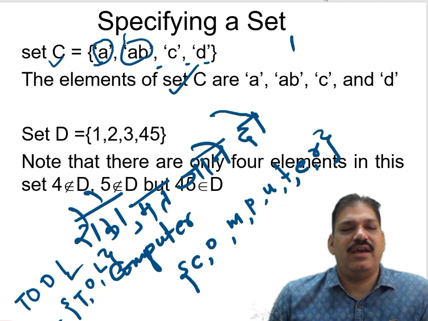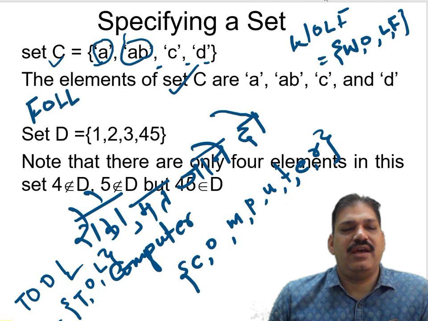Similarly, if I take wolf, W-O-L-F, the set of letters used in this word is W, O, L, F. Okay. If I take the word follow, F-O-L-L-O-W, we will get the same set that we got for wolf.